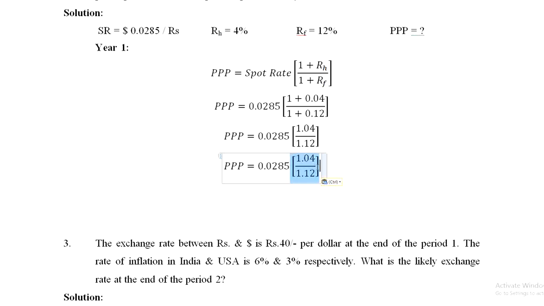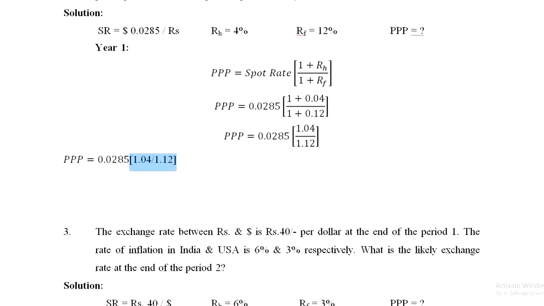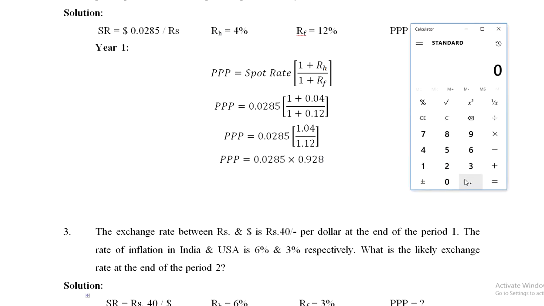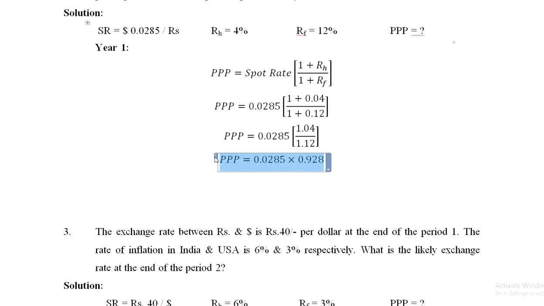So you have to replace this with 0.928. Now we have to multiply this: 0.0285 into 0.928, so you got 0.0264.